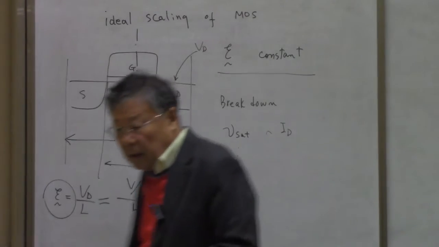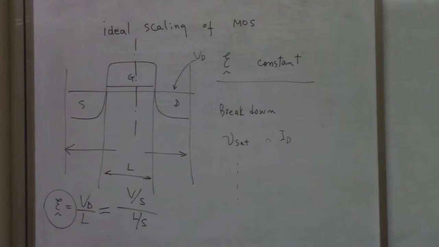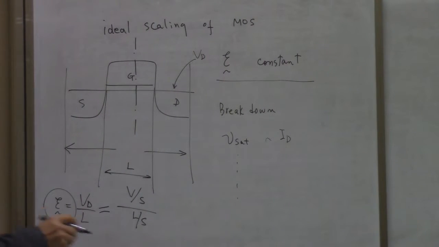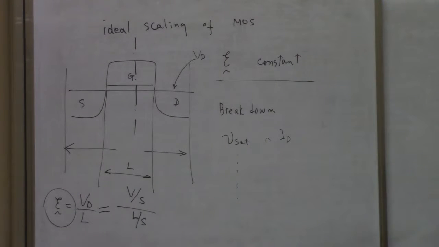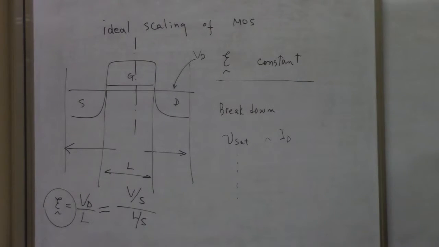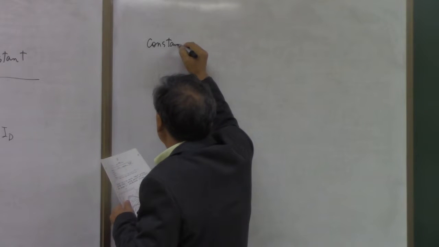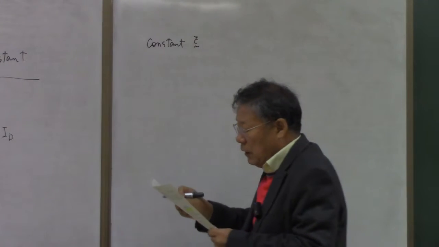But in practice, we have three ways to scale down the device. One is the constant electric field that we have just discussed here.